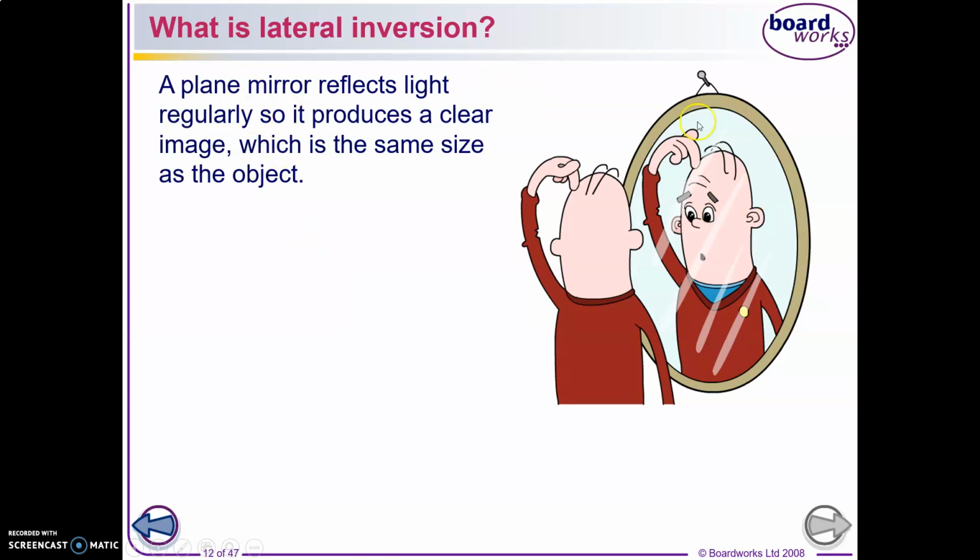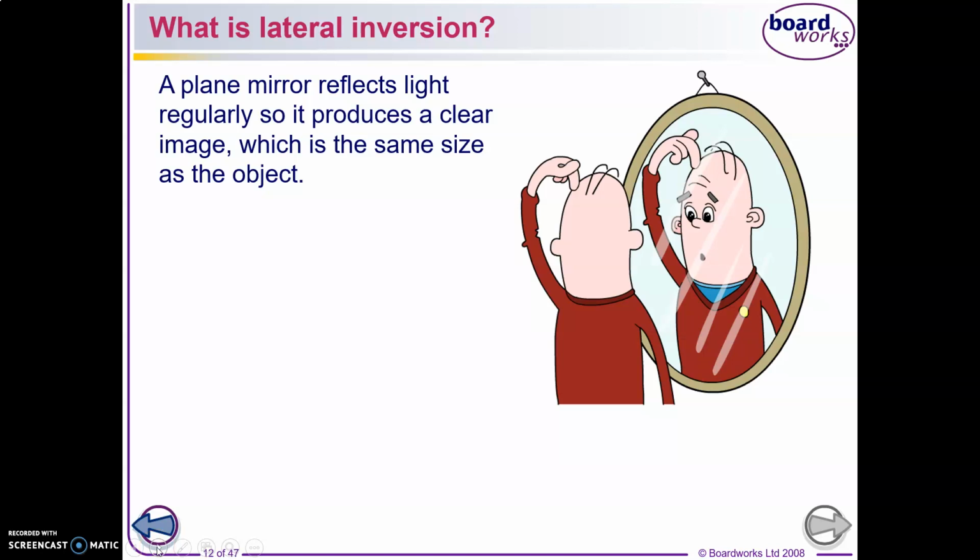In a plain mirror like this one, the plain mirror reflects the light regularly. It's a shiny, smooth, and pale surface. Because the mirror can reflect the light regularly, we can see a clear image that is the same size as the object. So when you're looking in the mirror, you see a perfect picture of yourself.